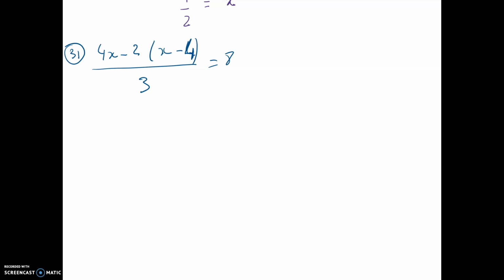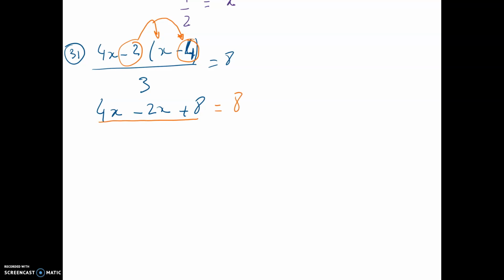So if you want to combine the x together, obviously you will have to distribute the 2 to the parentheses. Therefore, now we're getting a 4x minus 2x plus 8, because negative 2 multiply negative 4 equal plus 8 equal 8.